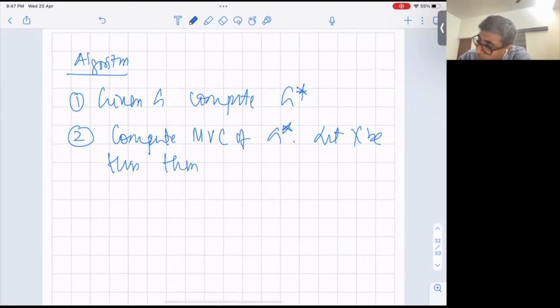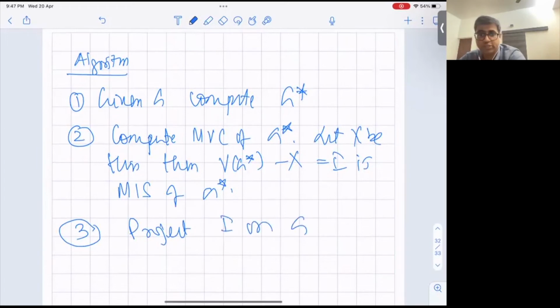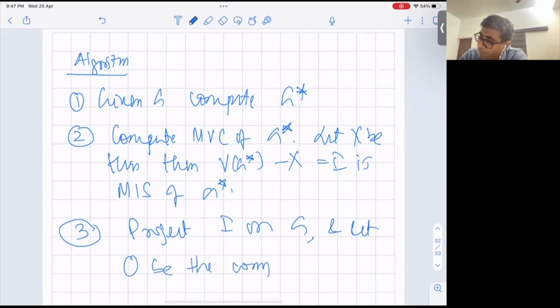Then V(G star) minus X equals I, which is a maximum independent set of G star. Third, project I on G and let O be the complement of I in G.